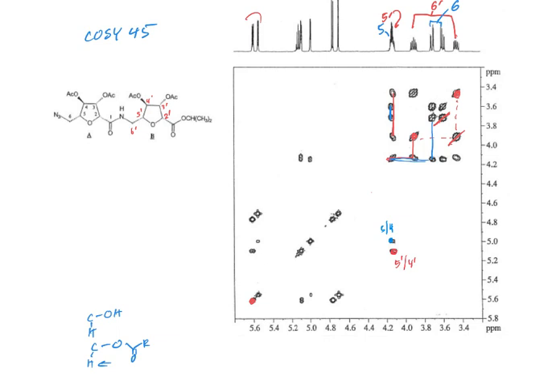Does that make sense? Okay, so let's go across from here then, and this one looks like it's going to be here. So this is 5 prime to 4 prime.